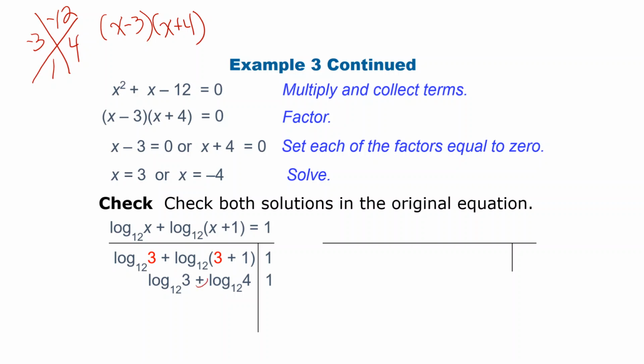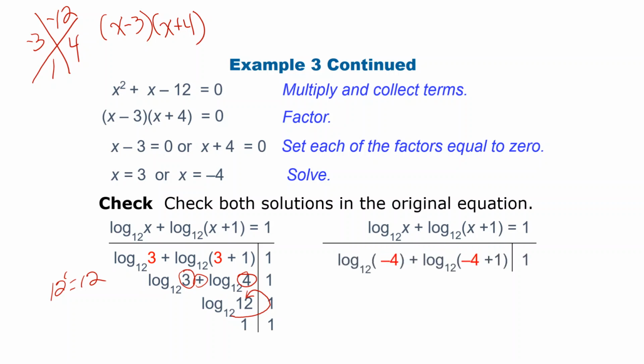And remember, when it's adding, I take my m and n here and I multiply them together. I get log base 12 of 12 is 1. And this is just basic. We can look, 12 to the 1 power equals 12, and we know that's true. So 1 equals 1.